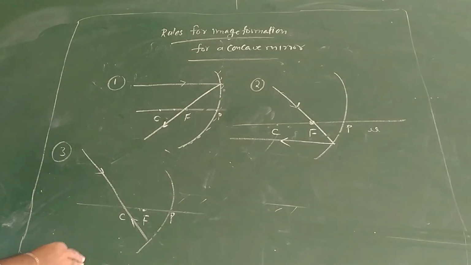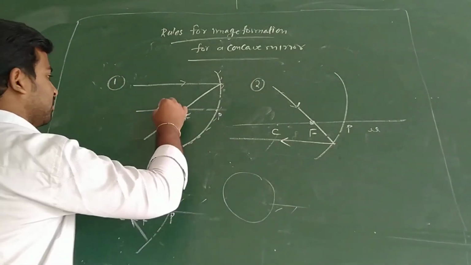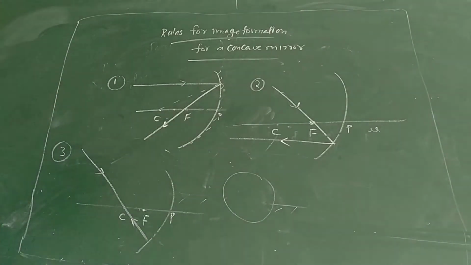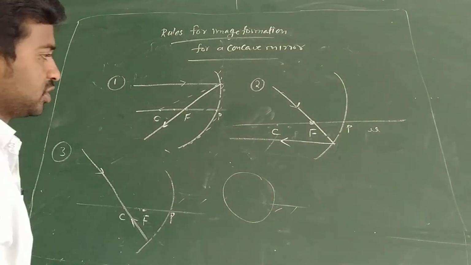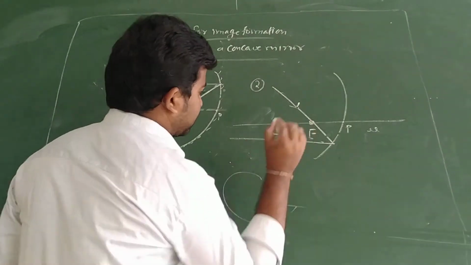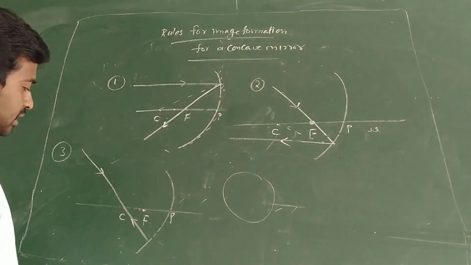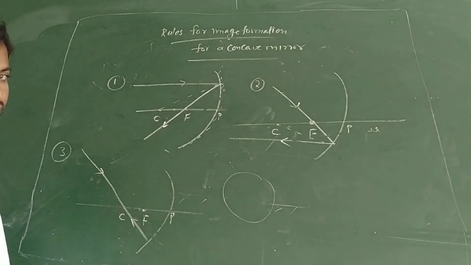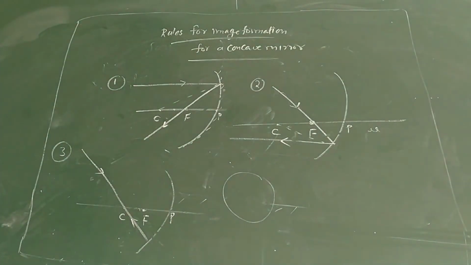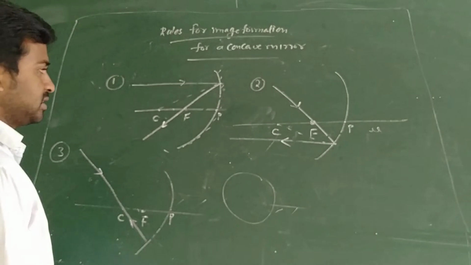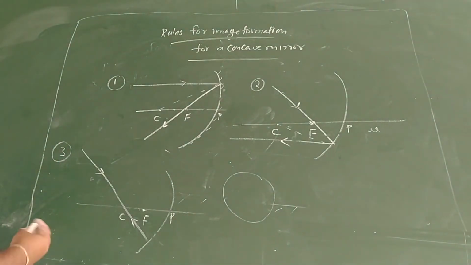Because for any circle, for any sphere, the normal is always passing through the center of curvature. But here, the ray itself lies along the normal through the center of curvature. So no reflection is possible in this case. Understand why it does not reflect? The normal itself lies on the center of curvature, so here there is no reflection.